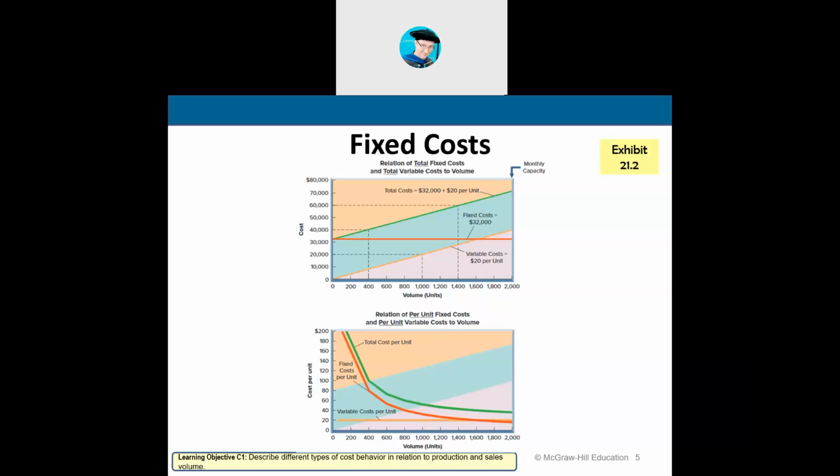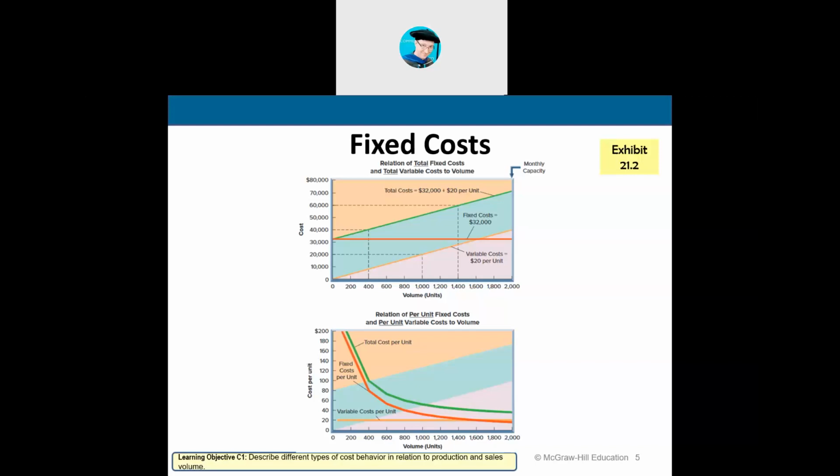My variable costs will continue to increase with each unit I sell. My total direct materials, direct labor, factory overhead, all of that increases with each unit that I sell because each unit costs me the total cost per unit. So that's why we say that each unit sold represents the variable cost.